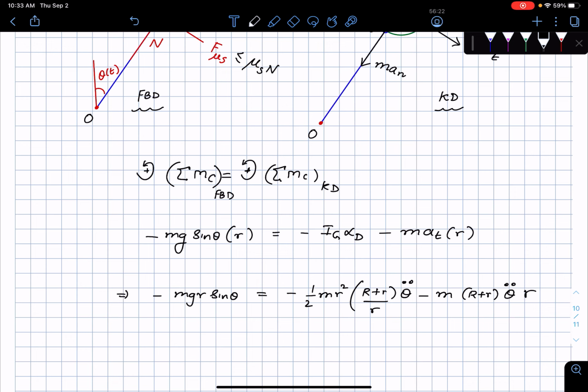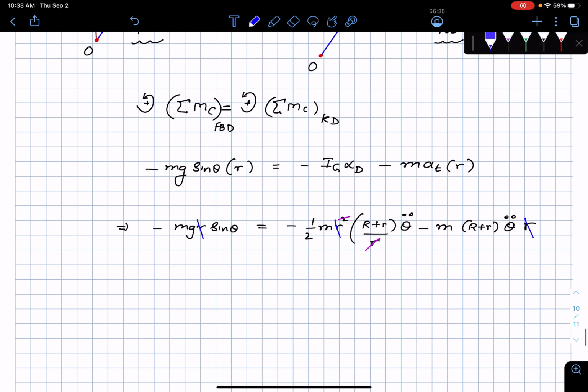I can cancel off the radius r everywhere, and I can cancel the mass also everywhere.